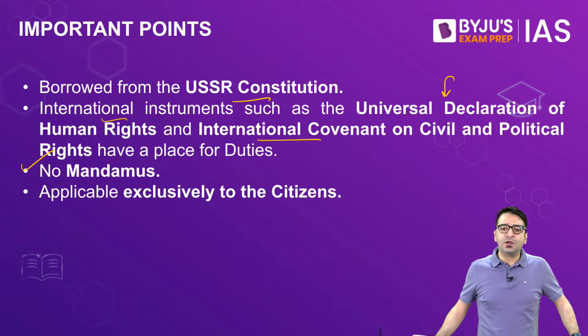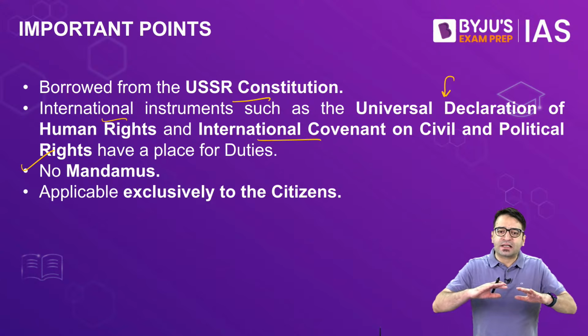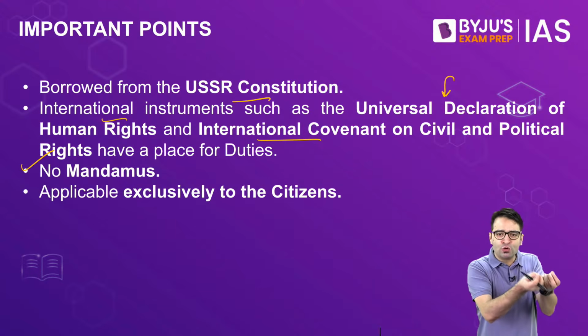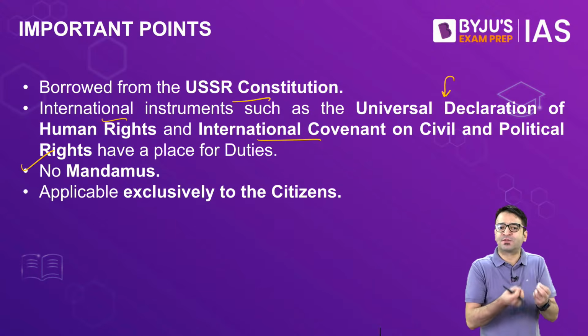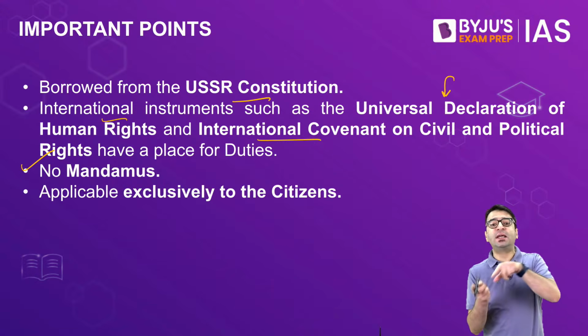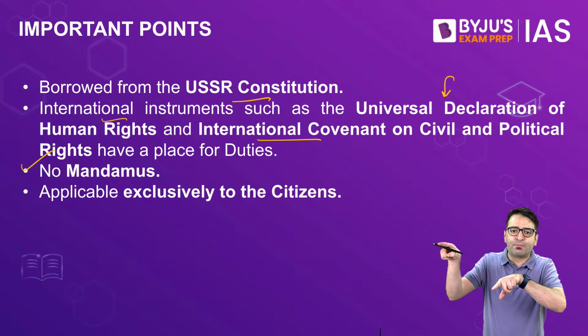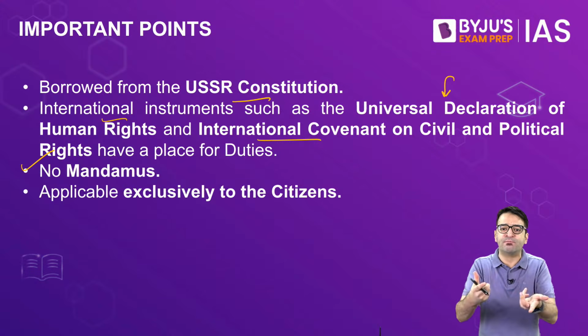But these fundamental duties, they are not legal duties. The Constitution has not prescribed any punishment if you do not follow and abide by these fundamental duties. So when these fundamental duties are not legal duties, that means even if you do not abide by these duties, somebody cannot approach the court and ask for the writ of mandamus.